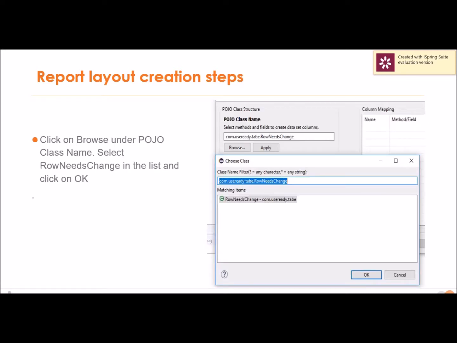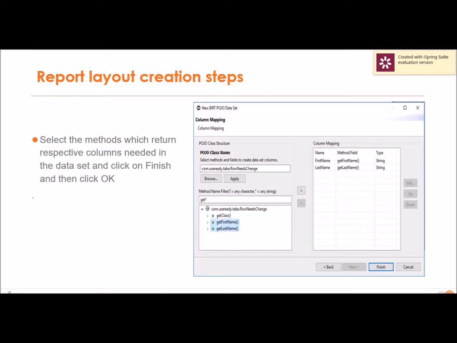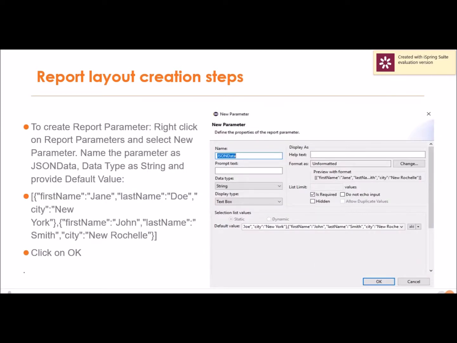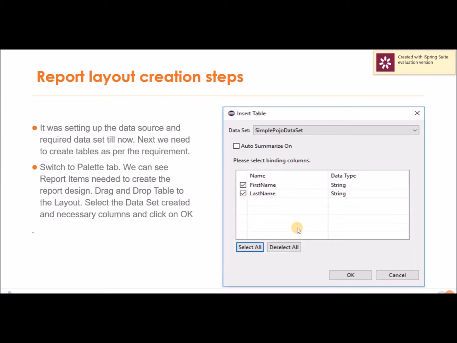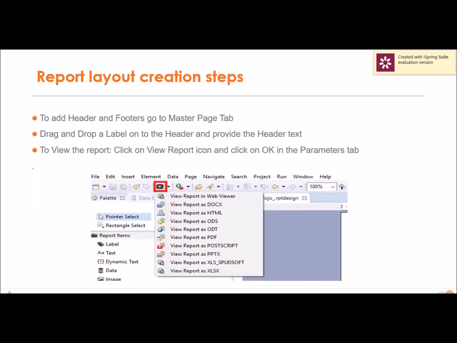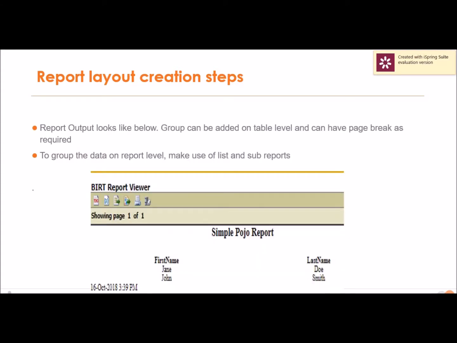I don't know how it's pronounced. Row needs change. Also, we picked those two. And I had a default value here, JSON data. And then we created a dataset parameter, and we linked those two. That was a string, and then we dragged a table and ran the report, and that's it.